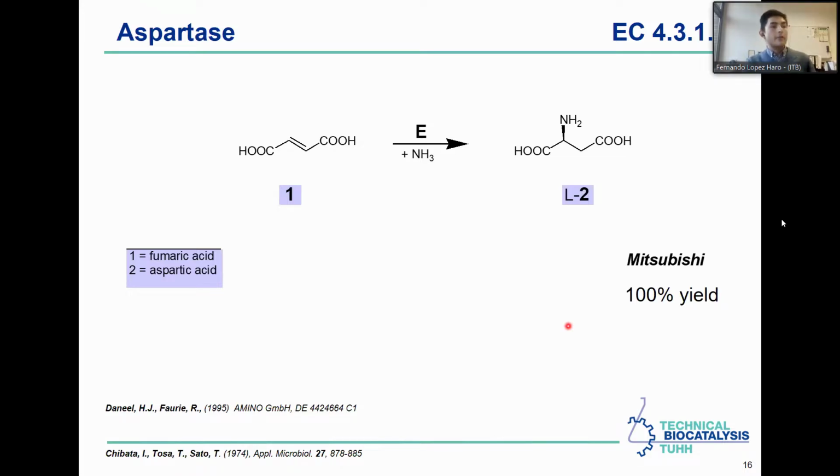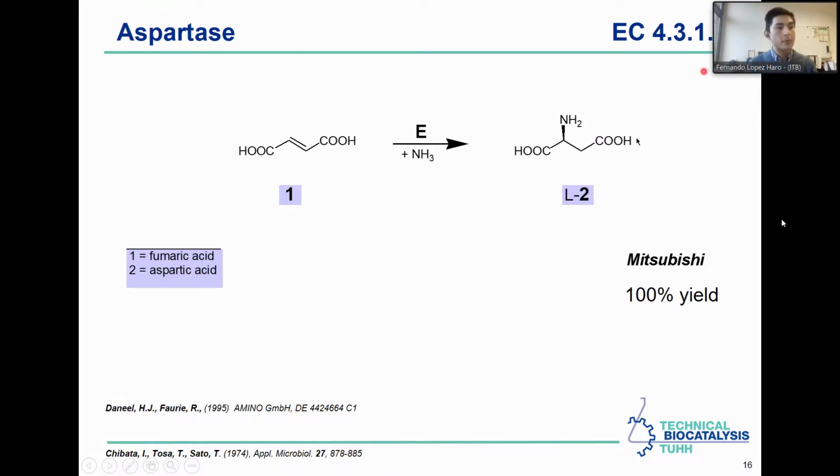We then have another enzyme that is quite similar because it uses the same substrate, but this time, instead of adding water as the nucleophile, we are adding ammonia to end up with a secondary amine here.